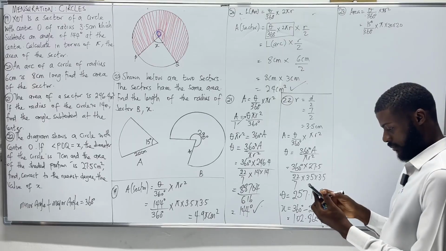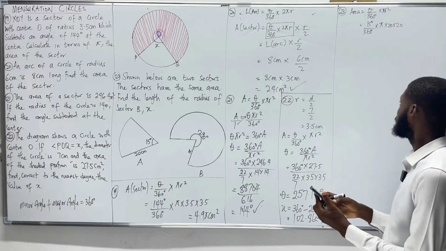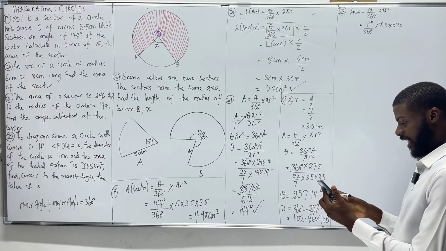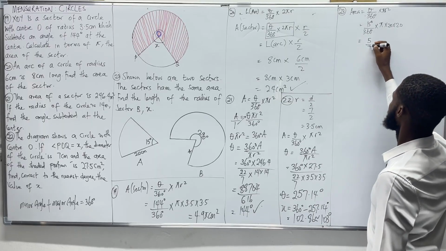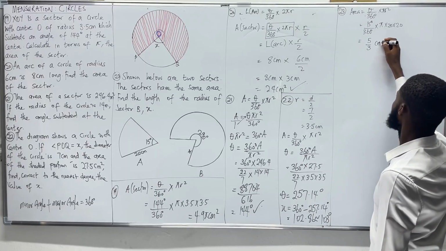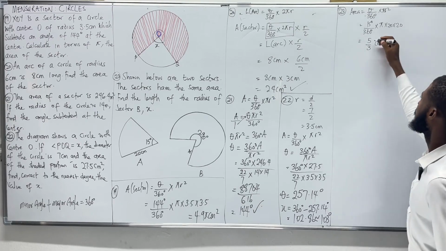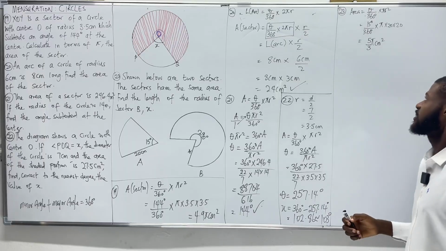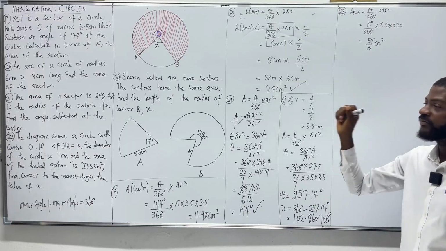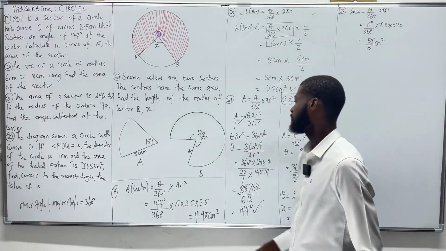So I'm just going to do 15 times 400 divided by 360. So this will give me 5 over 3 pi centimeters squared. So this is the area of this very sector A.